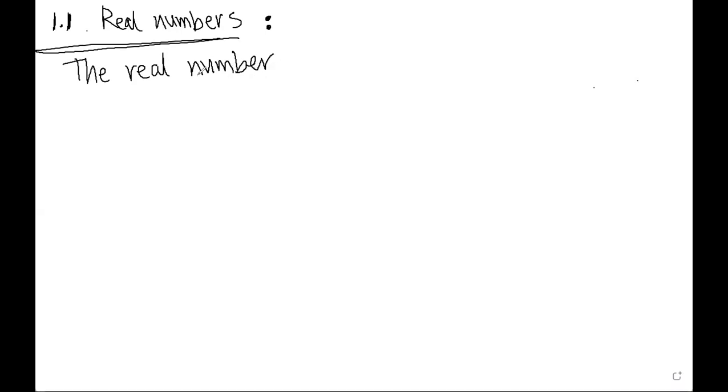Okay, the real numbers. The real numbers are numbers that have positive and negative integers and fractions. Good, nice. But let me give the definition in mathematics for the numbers.